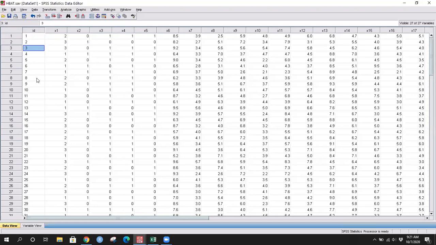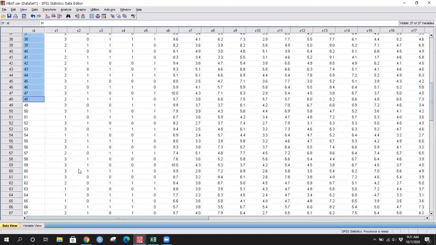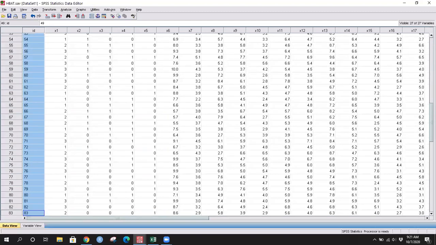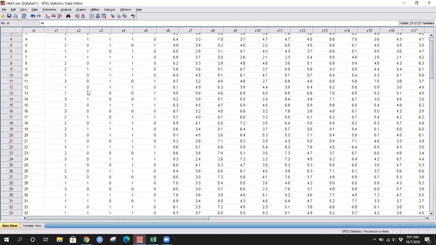Then it builds upon the measures. It employs some measure and starts combining these people into a fewer number of clusters. Gradually we will have, let's say, these people joining cluster 1, these people joining cluster 2, these people joining cluster 3, and the remaining in cluster 4. That means now you have 4 clusters.